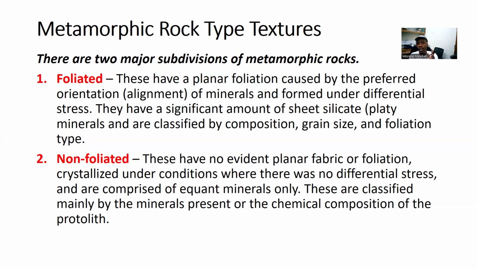Okay, so this kind of foliated rocks would include slate all the way to gneiss. Now the non-foliated rocks are those rocks that do not have the parallel or planar fabric, and they are formed during contact metamorphism. Basically, these rocks have a granular texture.